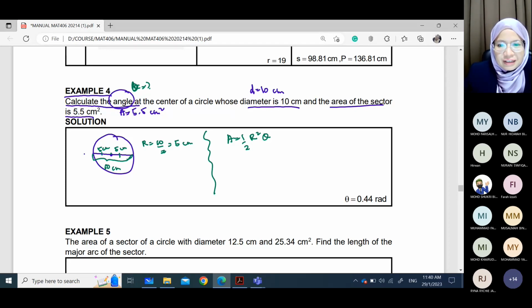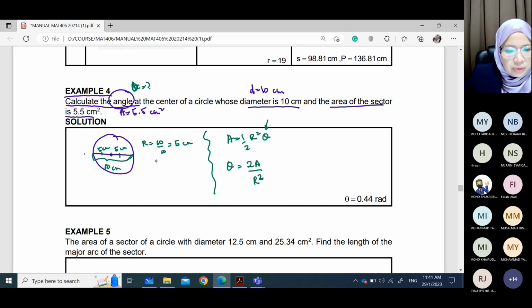Berdasarkan formula yang ini, the angle is 2A over r squared. Kita nak cari angle. So kita pindahkan 1 over 2 ke sebelah, dia akan jadi darab. And r squared dia akan jadi bahagi. So our theta is 2A over r squared.